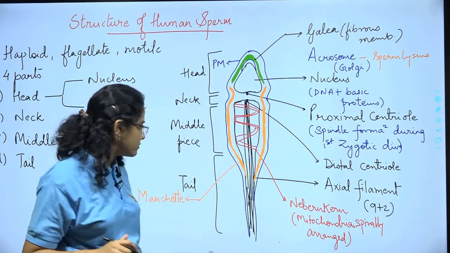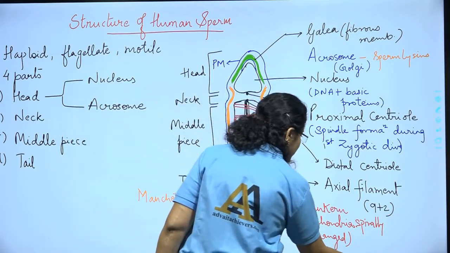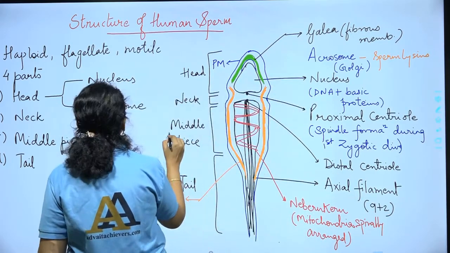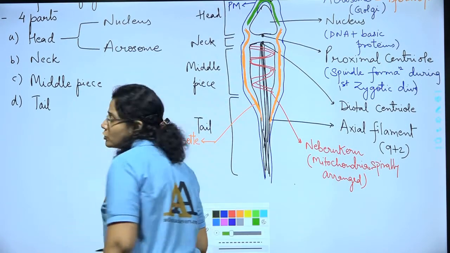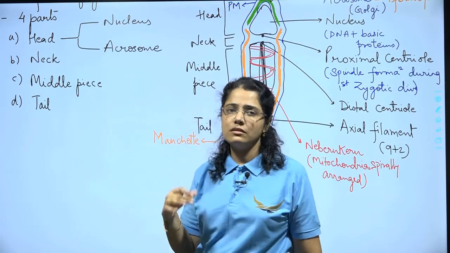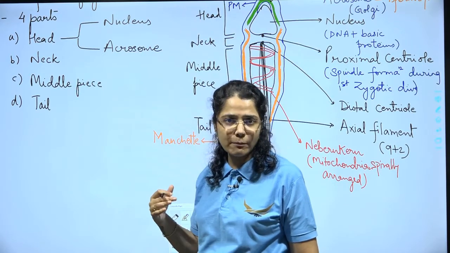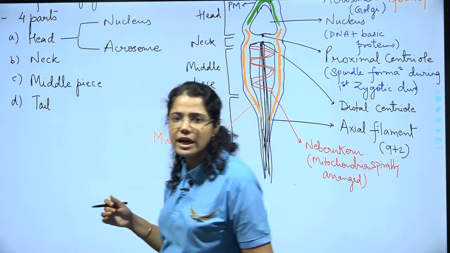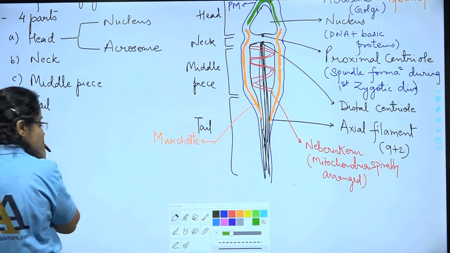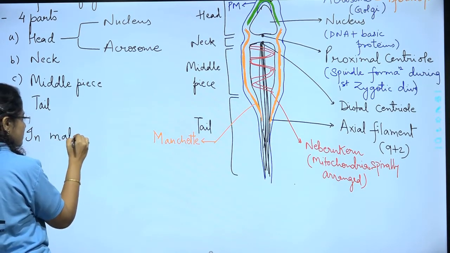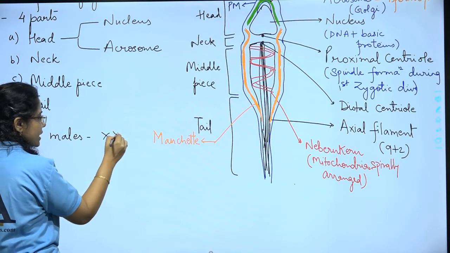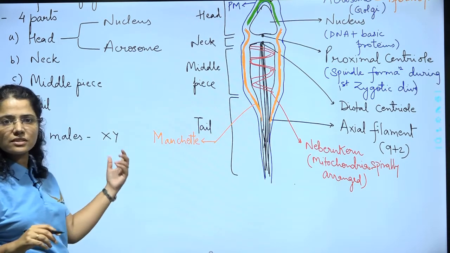Now one more thing we have to learn here. The structure is over, yes, but in case the human male is heterogametic, as we have said, it has X and Y chromosomes. So in males the genetic makeup is XY.